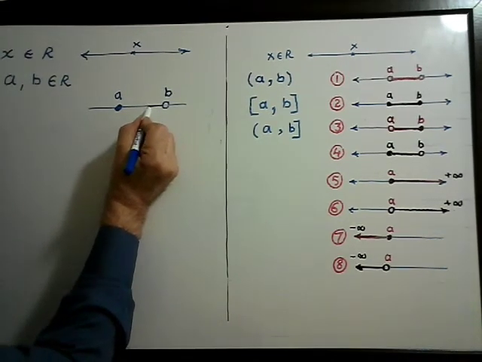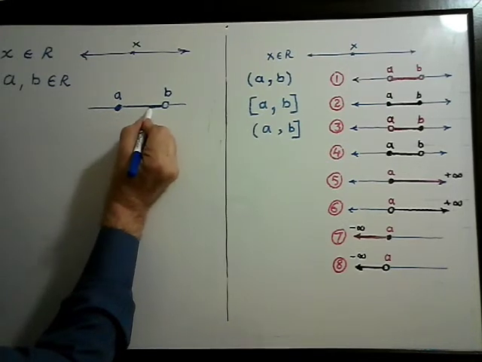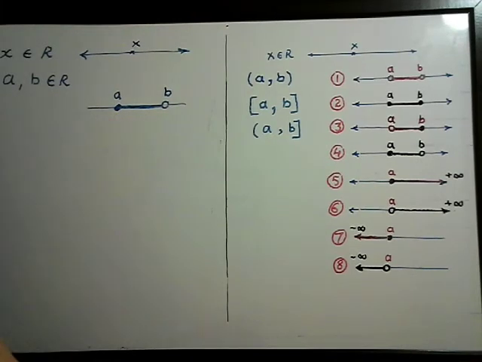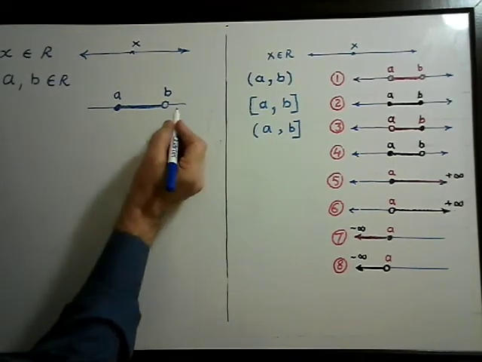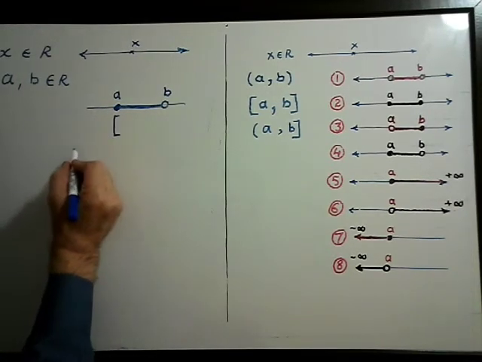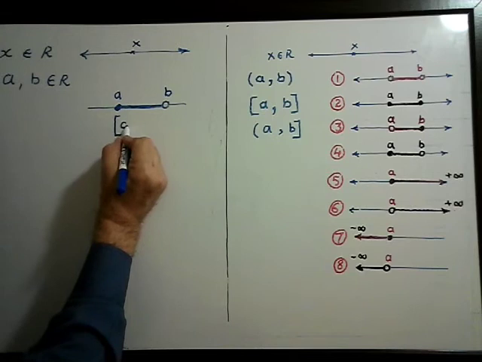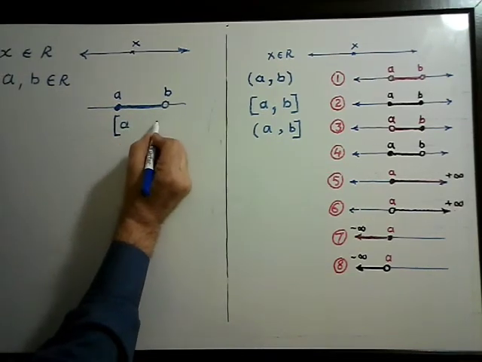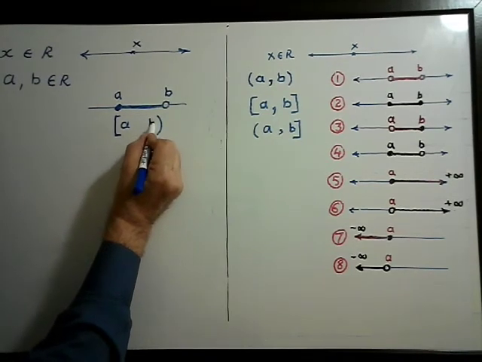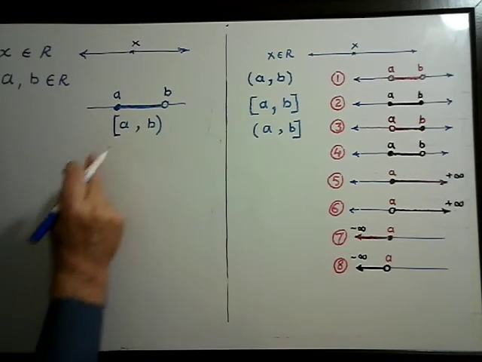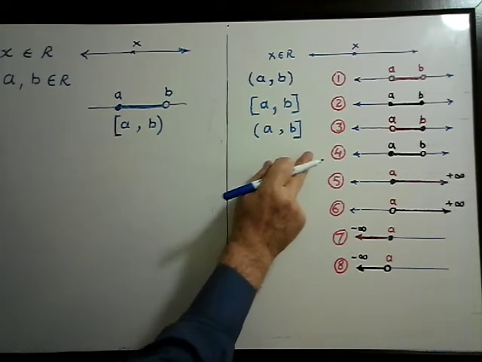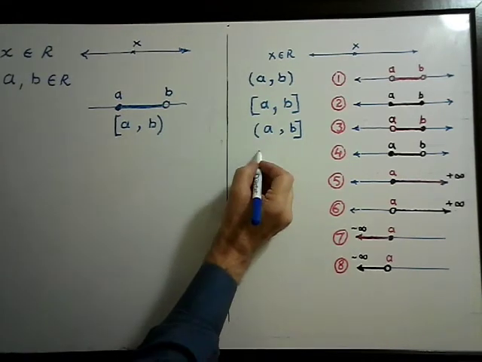All the numbers between a and b are included in this interval, plus the number at a is also included. We represent that by making a square bracket at a and a round bracket at b. So this interval is open at b, which is number 4.